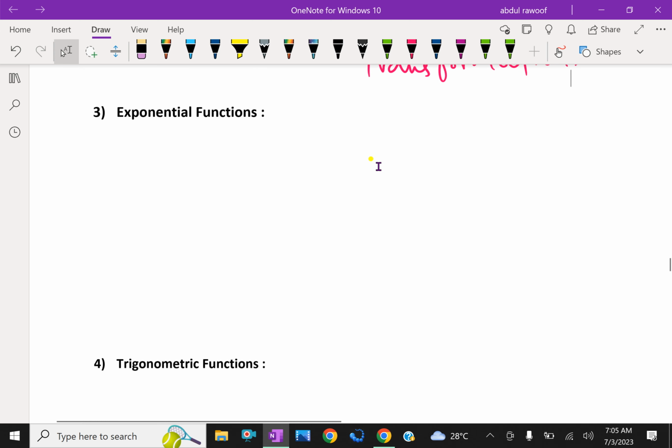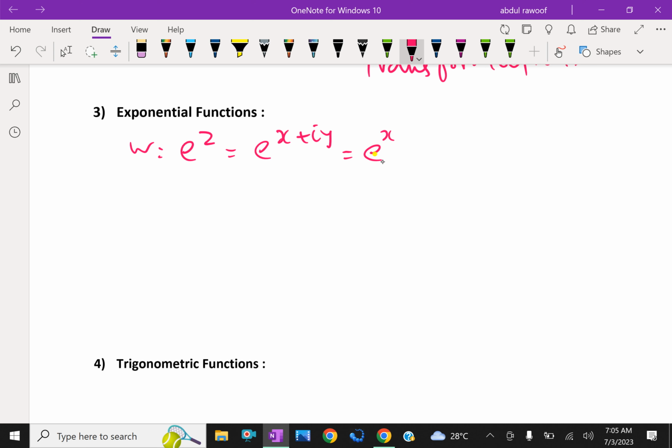Next is exponential function. Here, w equal to a power z, where z is a complex number. It is expressed as z equal to x plus iy. Further, we can write it as e power x into cos y plus i sin y.